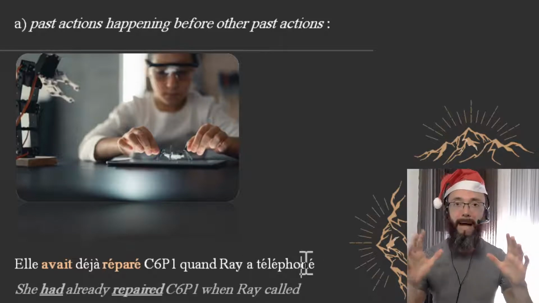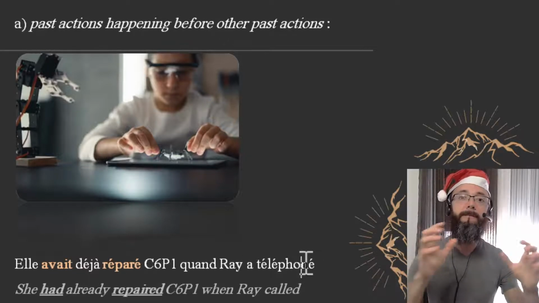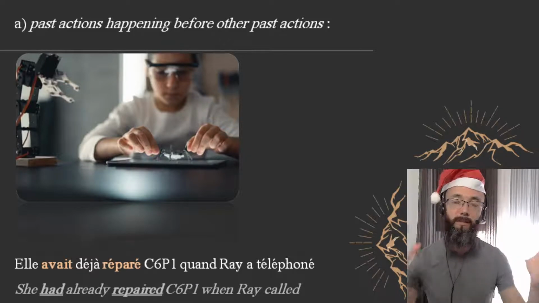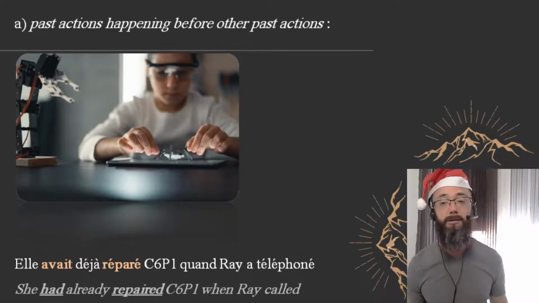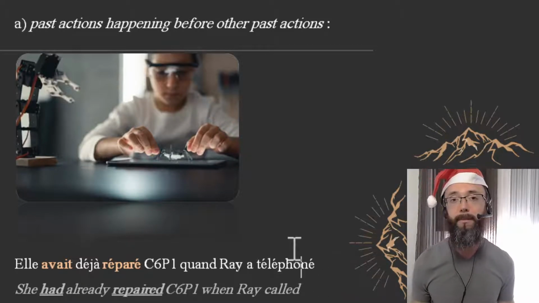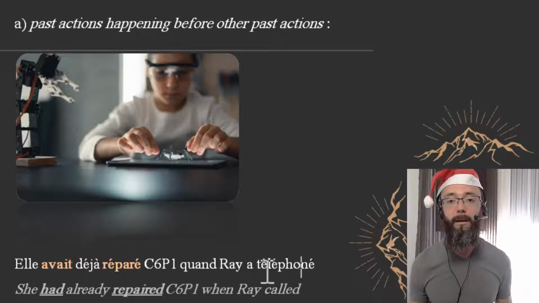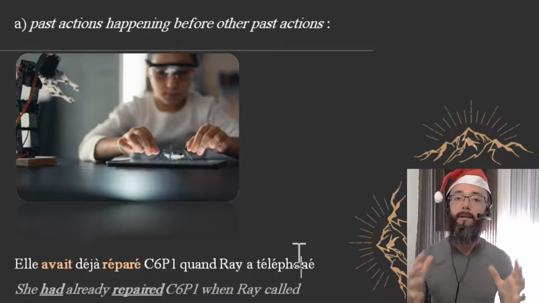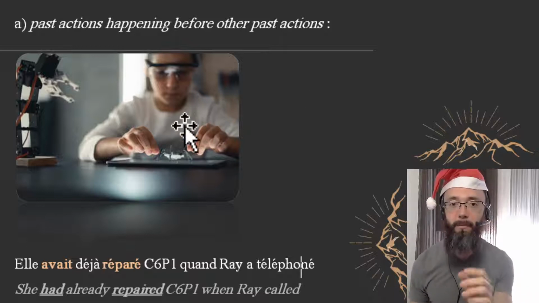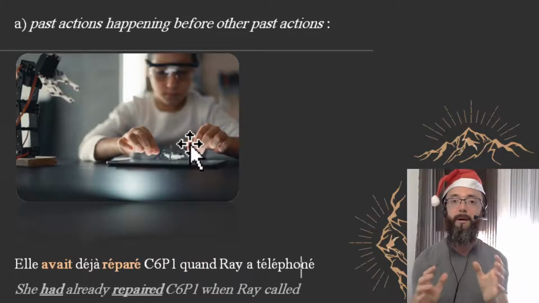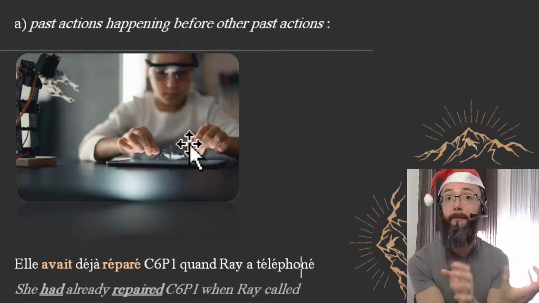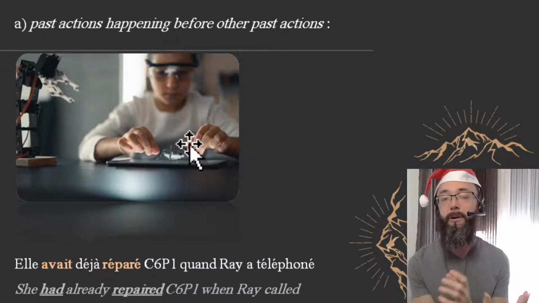So, past actions happening before other past actions. If you have a past action and something happens before that, it calls for the use of the pluperfect, le plus-que-parfait. Ray called, but that genius girl you can see in the picture had already repaired C6P1 when Ray called, and it happened before. And that's the verb that happened before that needs to be in the pluperfect tense.